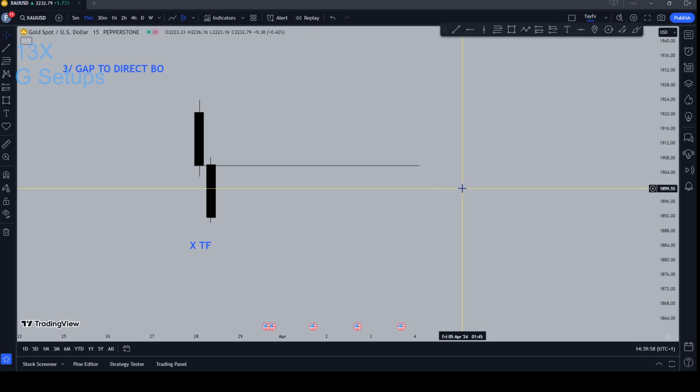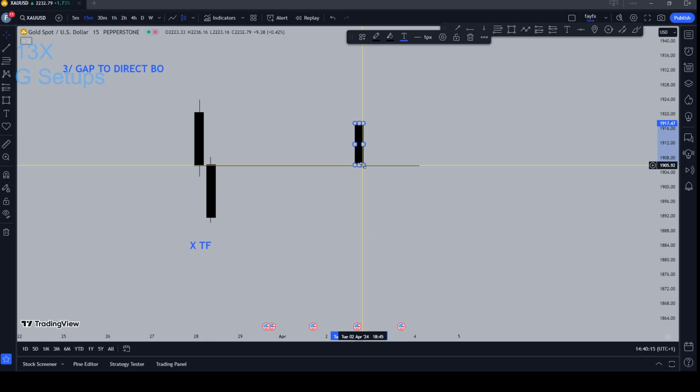A direct breakout is a classic level that got created and broken at the same time. I give you this example. This is what we call a direct breakout. We have a bearish gap followed by a bullish gap to form a V level.